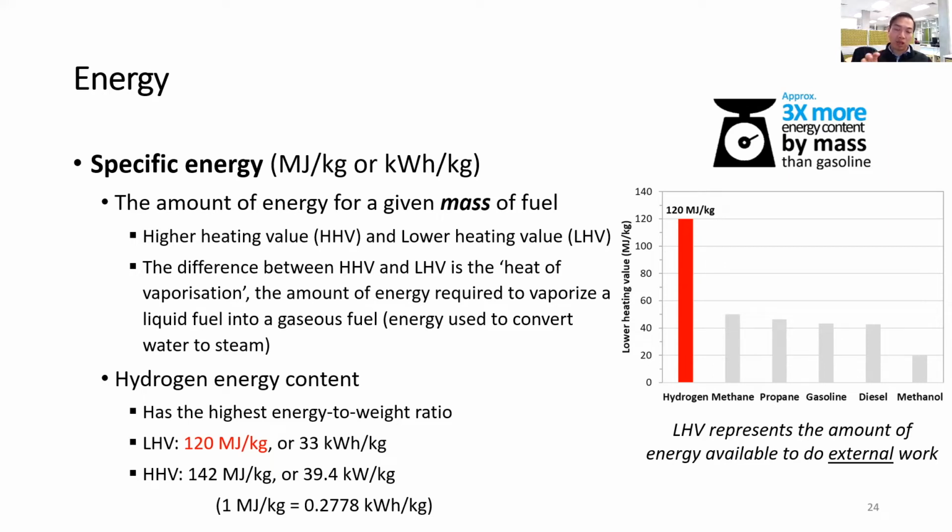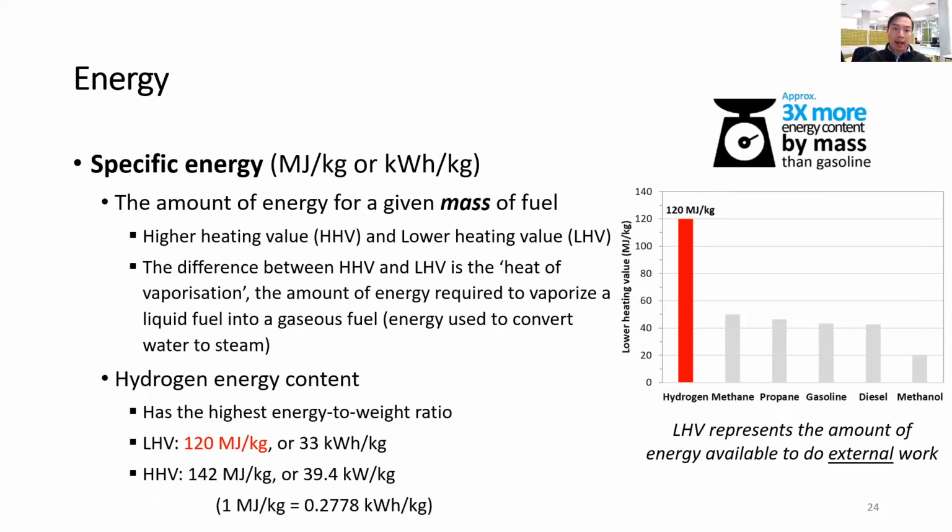So you cannot take back the heat of vaporization. So showing the lower heating value here would give you an idea of how much energy would allow you to do external work.